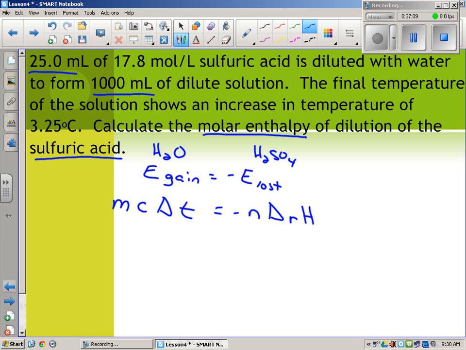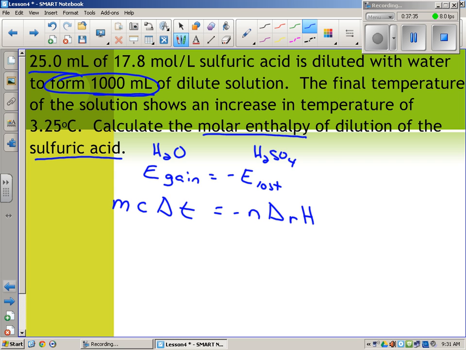How much water do we actually have here? 1,000 milliliters, right? You took 25 milliliters of the acid, and then you filled it up to 1,000, and that's the important part here. You formed 1,000 milliliters. So now you have 1,000 milliliters, and you could calculate the resulting concentration if you wanted to.